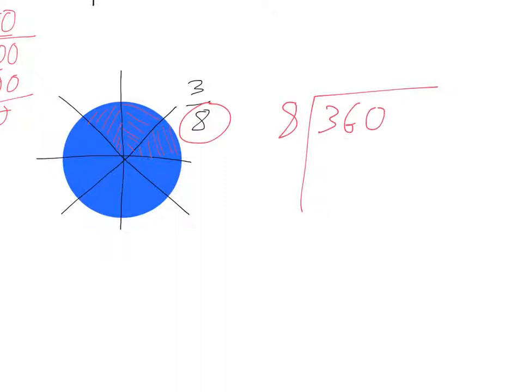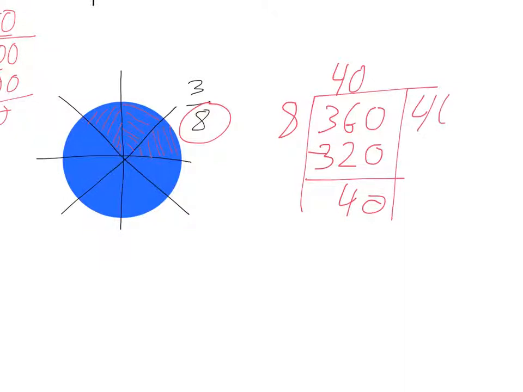All right, I know 8 times 5 is 40. That would be too much. So let's do 8 times 4, but we can go ahead and do 8 times 40 because there's an extra 0 here. 8 times 4 is 32. I put a 0 at the end because it's 320. 360 minus 320 leaves 40.